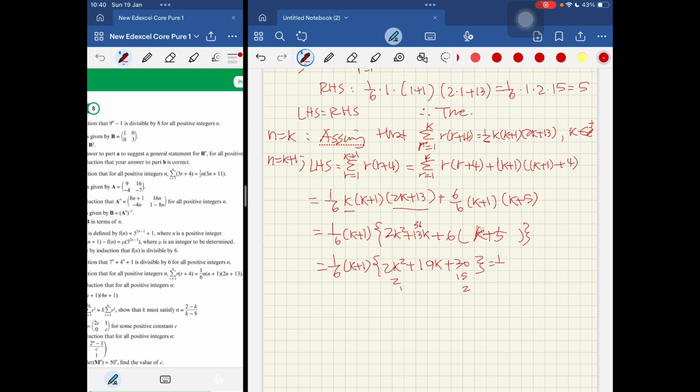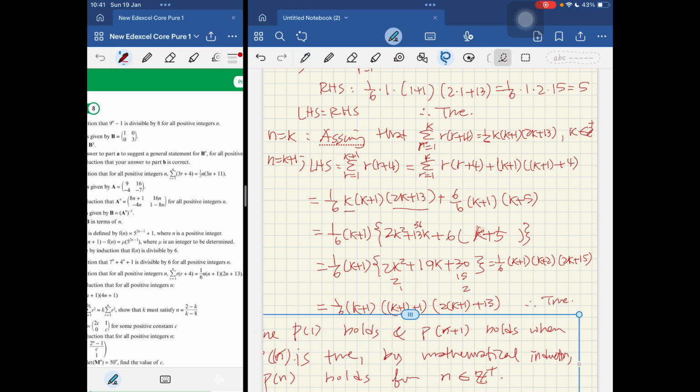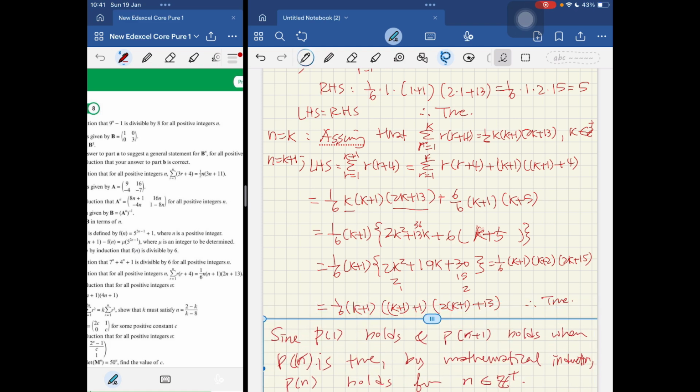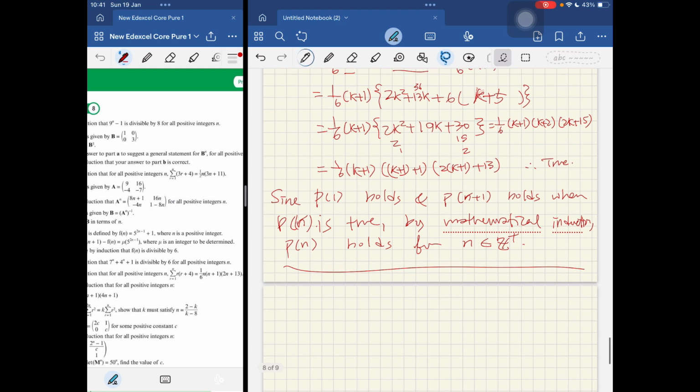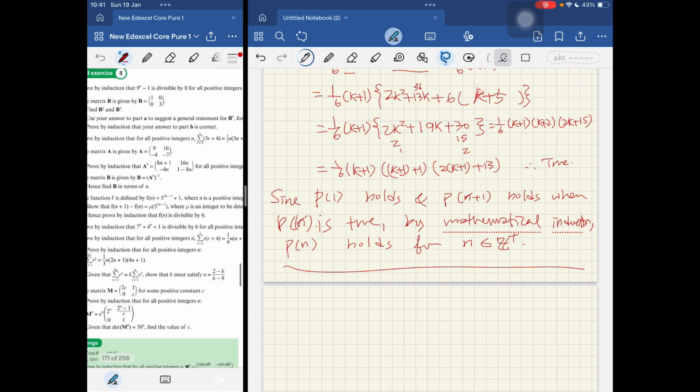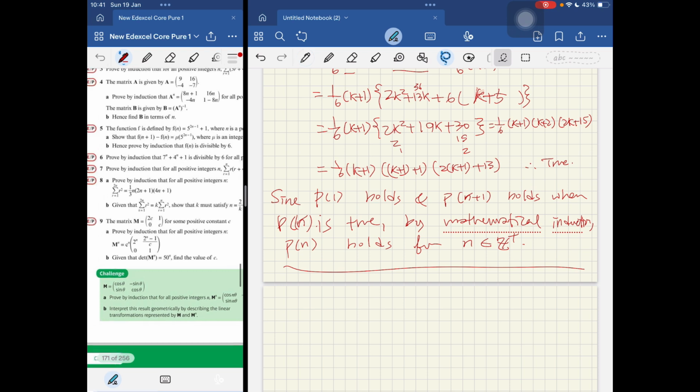So 1 over 6 (k plus 1)(k plus 2)(2k plus 15). Therefore, 1 over 6 (k plus 1)(k plus 1 plus 1)(2(k plus 1) plus 13). Therefore, true. The last conclusion is, since P1 holds, P(k plus 1) holds when Pk is true, by mathematical induction, Pn holds for n in Z plus.